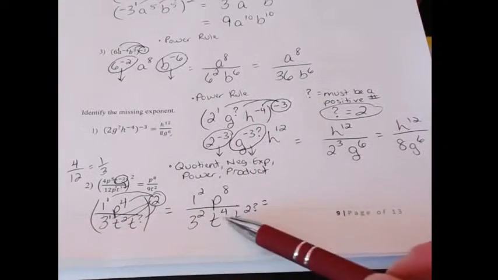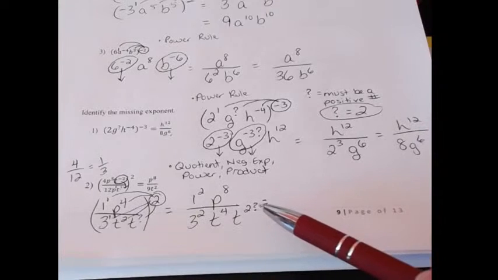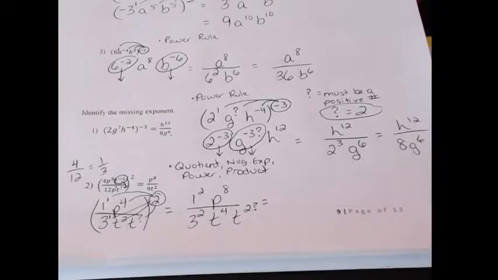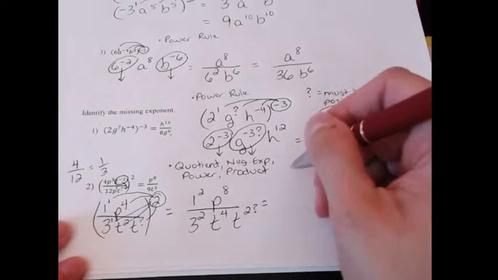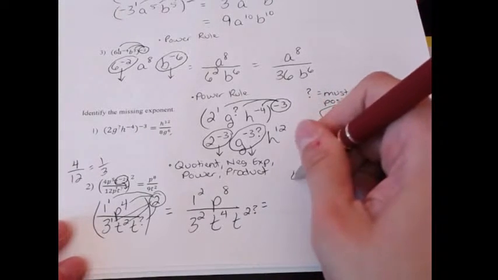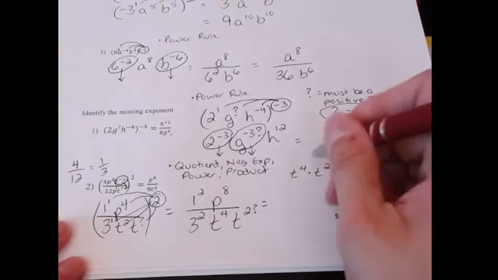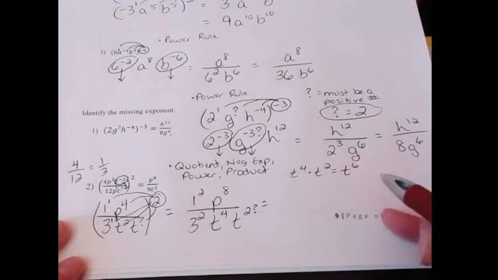So somehow I've got to figure out what number this question mark has to be in order so that when I combine these two, I'm left with a positive 2. I want a t to the 2nd power. Well, let's play around with some ideas. If I had t to the 4th times t to the 2nd power, well, that's t to the 4 plus 2, which is 6. But what if that power were negative?